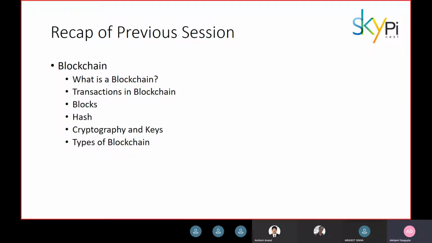We discussed cryptography, public-private key cryptography, asymmetric key cryptography, symmetric key cryptography, and the different types of keys. We also discussed the different types of blockchain, like public blockchain, private blockchain, permissioned blockchains, and consortium blockchain, of course. These were some of the topics that we discussed in the previous session.